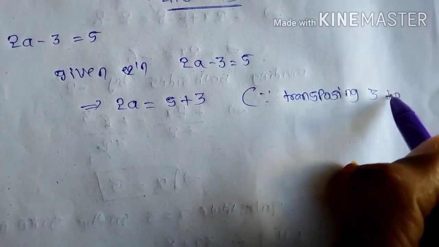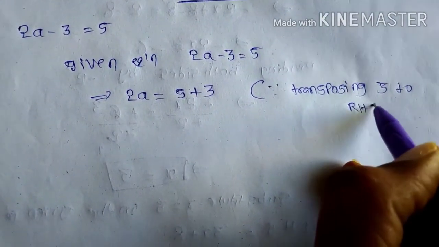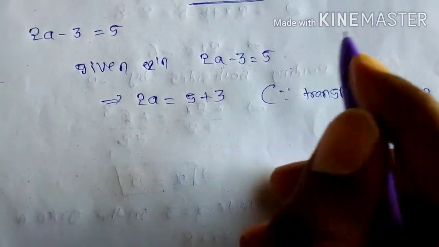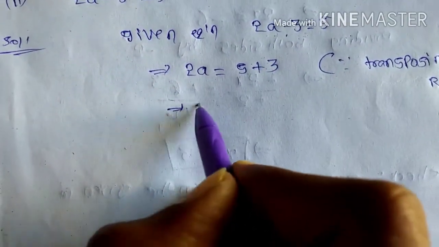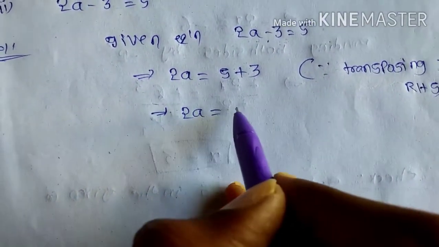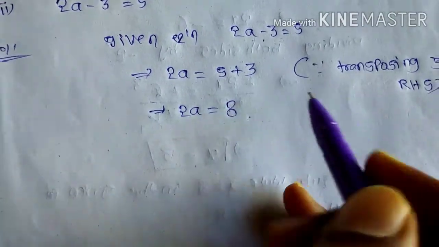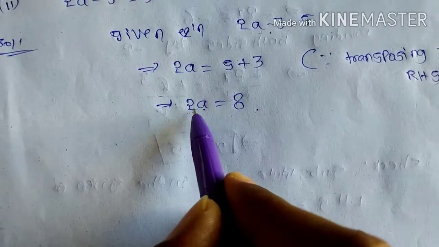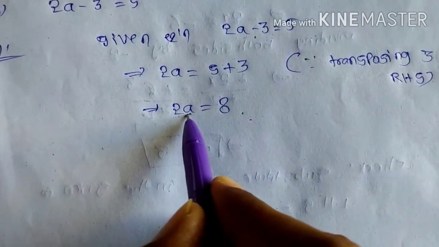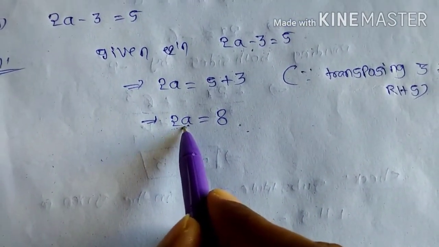3 to RHS. Already we have learned if it is plus, it becomes minus. If it is minus, it will become plus only. That means you can write here 2a is equal to 5 plus 3, which is how much? 8 only. See here, we need to find only the a value. So you can transpose 2 also to the right side. See here, 2 times a means 2 is multiplying. Yes or no?